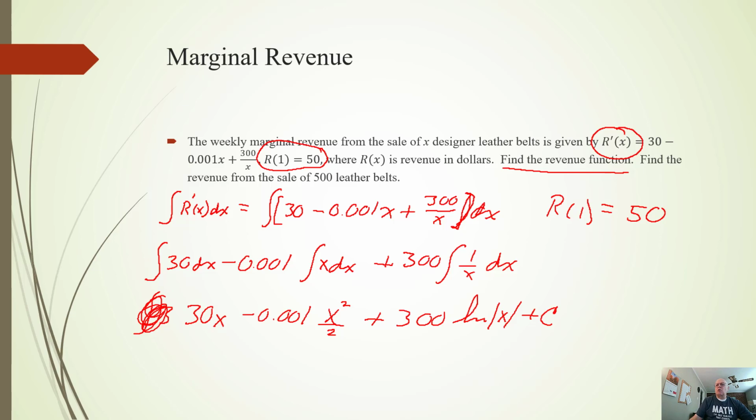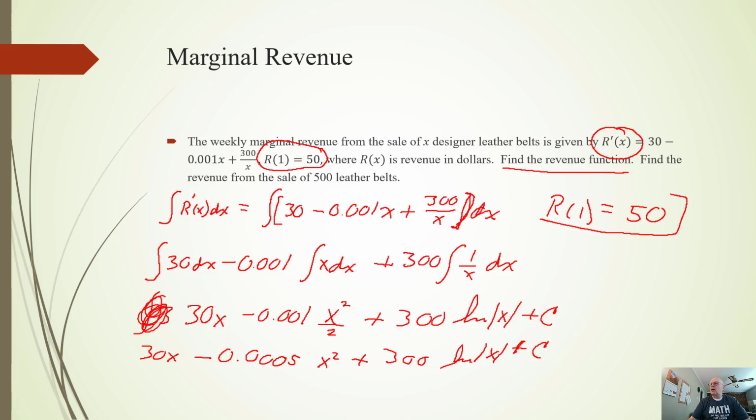Let's clean up a little bit more. So this gives us 30x minus, and we've got division by 2, so we've got 0.0005 x squared plus 300 natural logarithm of the absolute value of x plus c. Now this is where knowing the revenue for one item comes in.